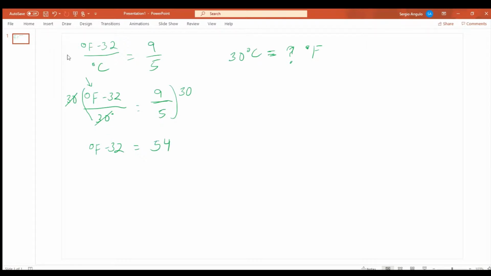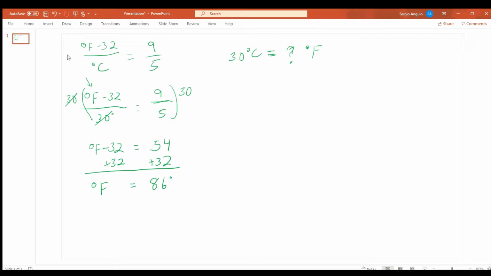Now in order to figure out what degrees Fahrenheit is, all you have to do is get rid of the minus 32 on the left-hand side. So we add 32 to both sides, so that we're left with just degrees Fahrenheit on the left, which equals 54 plus 32. That's going to be 86.